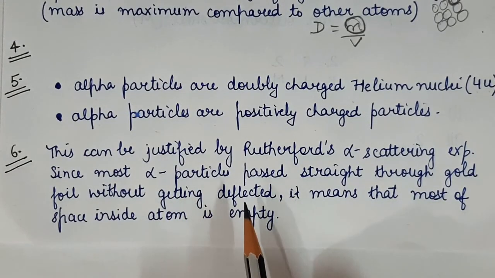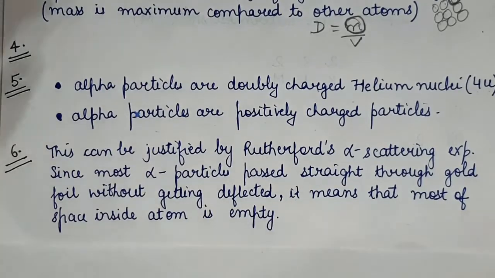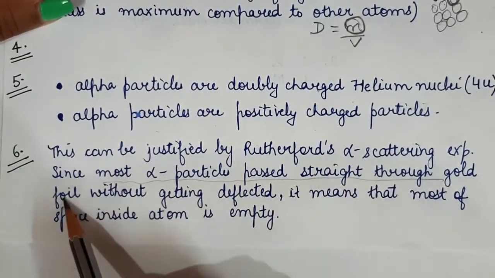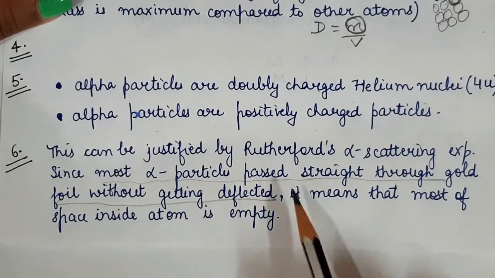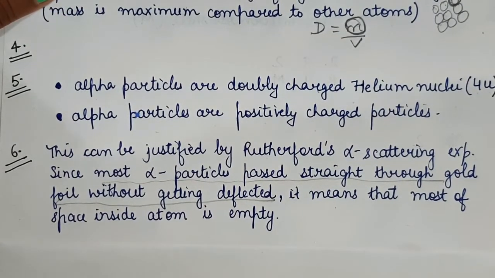So what does it indicate? It indicates that most of the space inside the atom is empty. Okay, you have to explain the first observation of alpha scattering experiment, which means that most of the space inside the atom is empty.